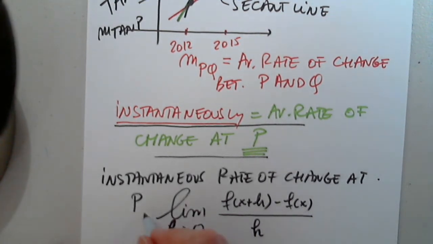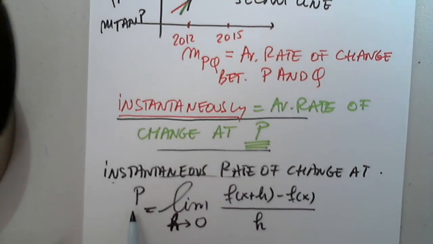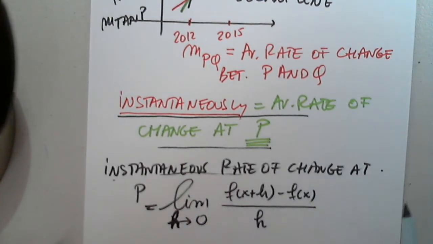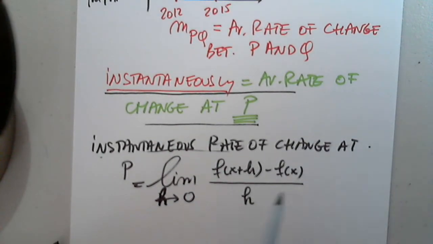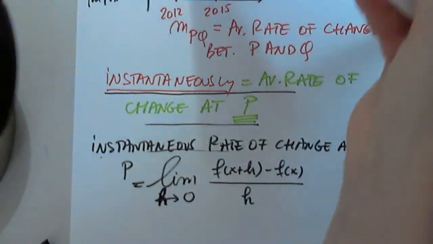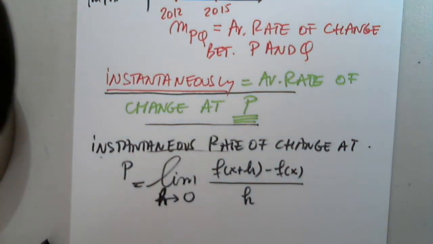This is the instantaneous rate of change at P. I can't see the whole formula. I'm sorry. Oh, there we go. It's no formula. It's the limit of the difference quotient. Right? The limit of the difference quotient.